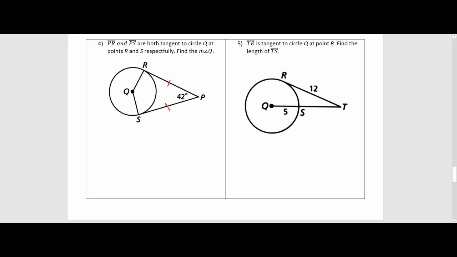Okay, so maybe you notice that we should have some right angles here at R and S, and that goes to one of our theorems up above. A tangent line will be perpendicular to the radius at the point of tangency. Now, we have enough information to figure out the measurement of angle Q. This will go back to the interior angle sum of polygons.